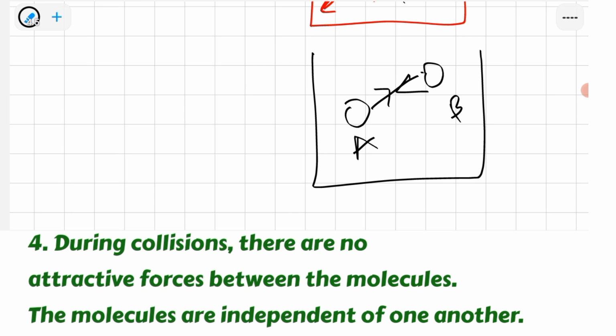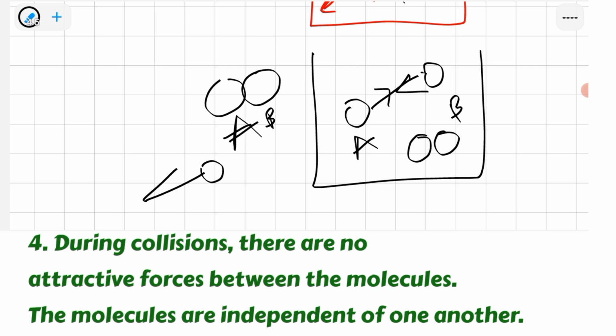As in, when they collide, they do not stick together. They don't join. They bounce back, hit each other, and move their separate ways. They don't stick like gum. You understand? That's because there are no attractive forces between the molecules. The molecules are completely independent of one another.